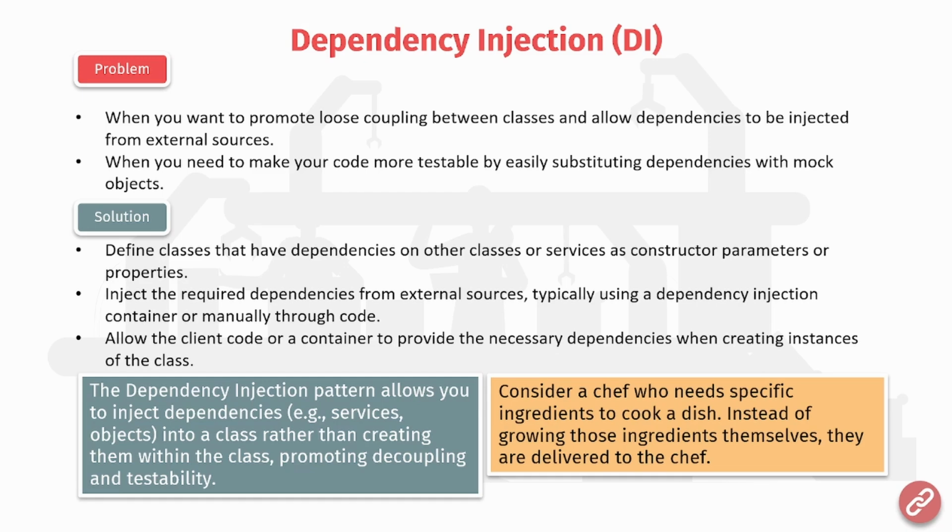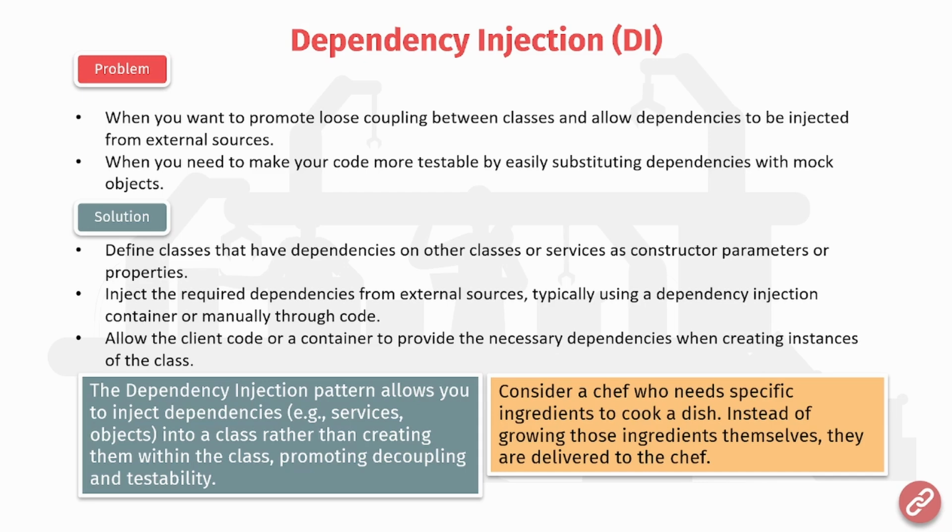As I said in the point before, we need to pass these dependencies as constructor parameters. So the classes that we are trying to create objects from should allow us to pass these dependencies as parameters when we are trying to create an object.